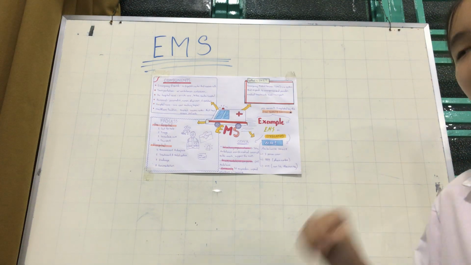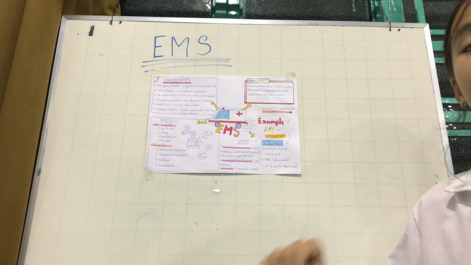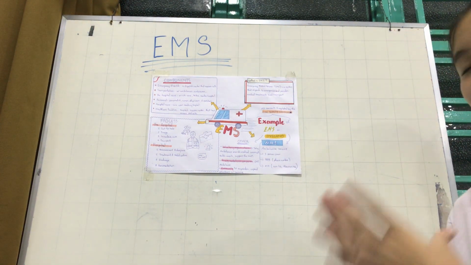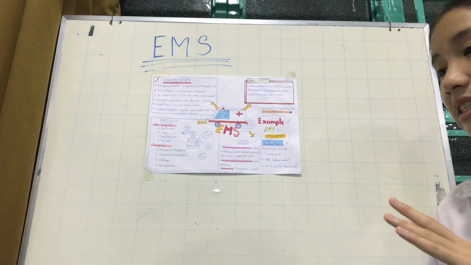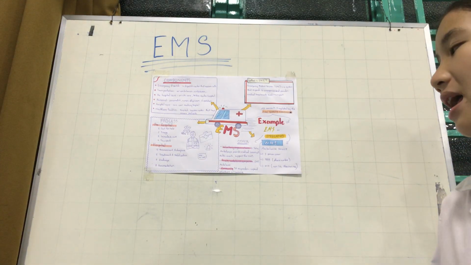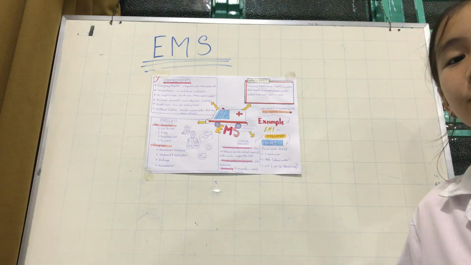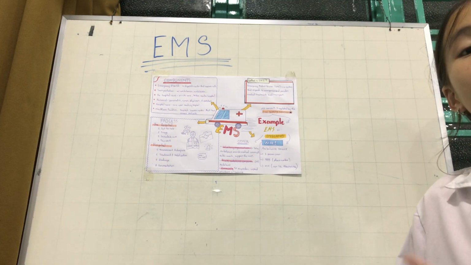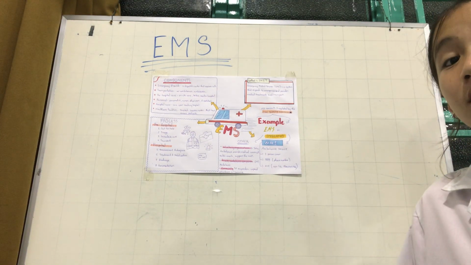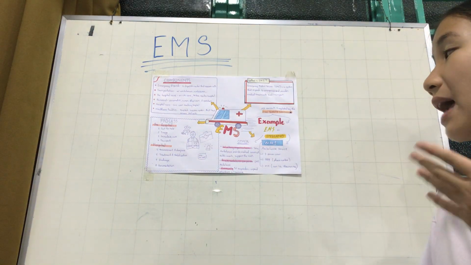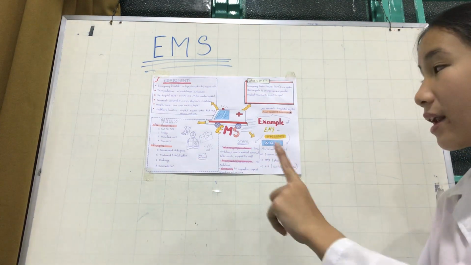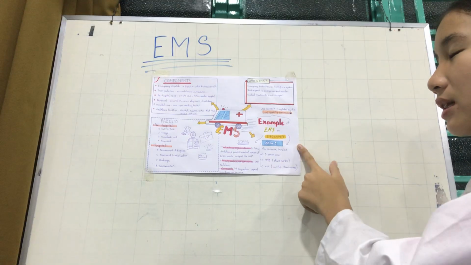The phone number is 999. That is for life-threatening emergency cases where you need immediate care. But for non-life-threatening cases, we can call 111 for the NHS. That is one example of EMS in England.